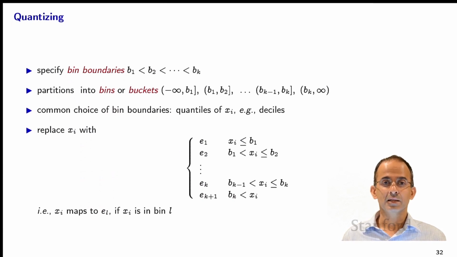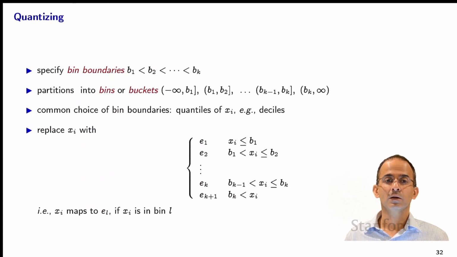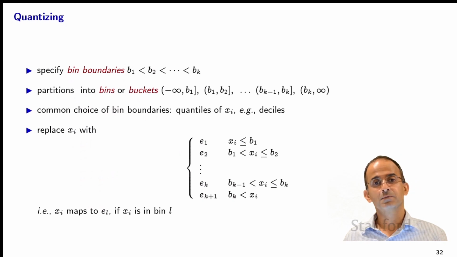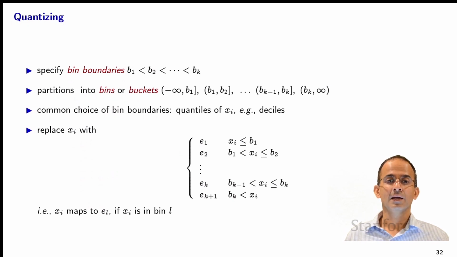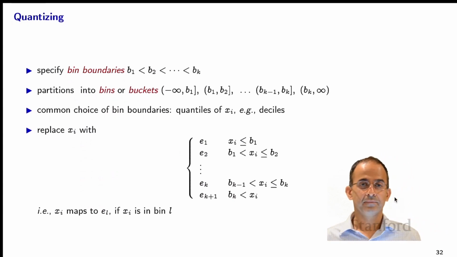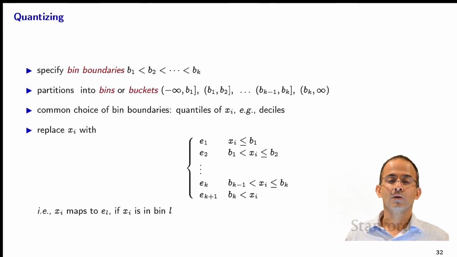We embed it as E1 through E(K+1), where the embedding returns E1 if x1 is less than or equal to B1. It returns E2 if x1 is in the next bin between B1 and B2, and so on. So x maps to Ei if x is in bin i. This is a one-hot embedding of the ordinal that results from figuring out which bin x is in.